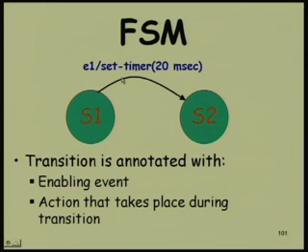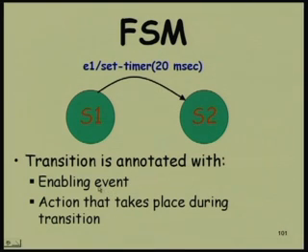This is a separate time, a real time constraint, so we have just written timer. We will model these time constraints in terms of some timers and some actions. So, this is the state transition, and on the transition we have an event, and the notation is that we give a slash and write the action that takes place while the transition occurs.